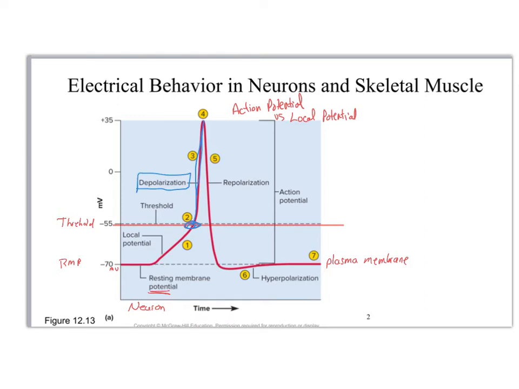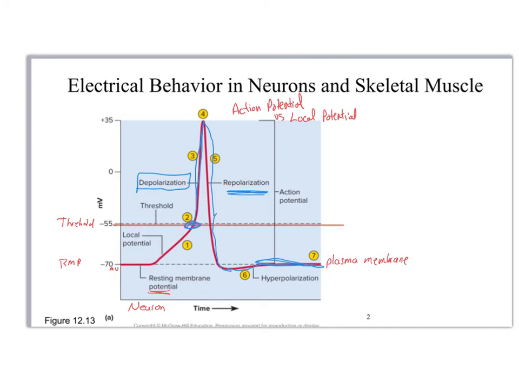When it starts to go back towards its resting state, we call that repolarization. And then it's going to go past threshold, come down to an undershoot where it hyperpolarizes, and then get back up to resting membrane potential. That is basically what this is diagramming in terms of where the electrical signal is going.